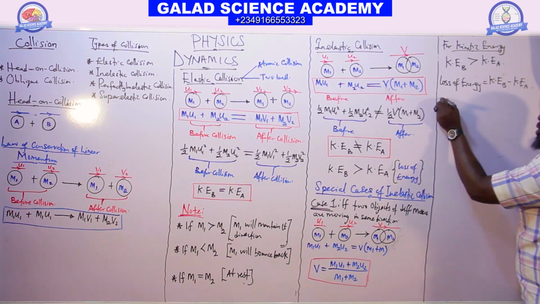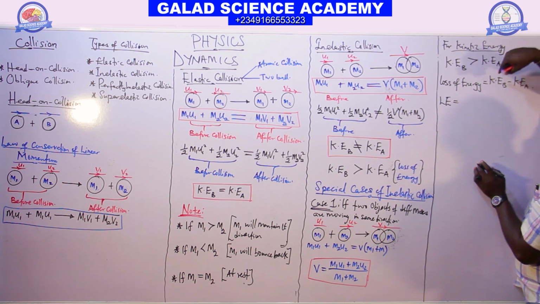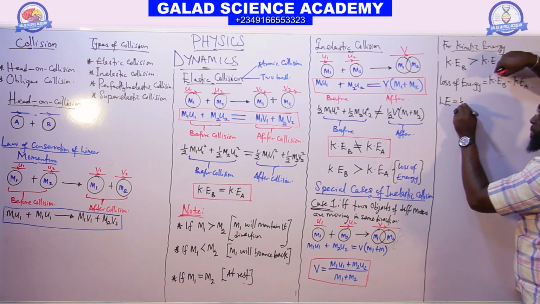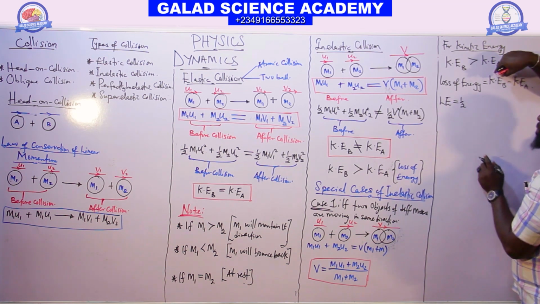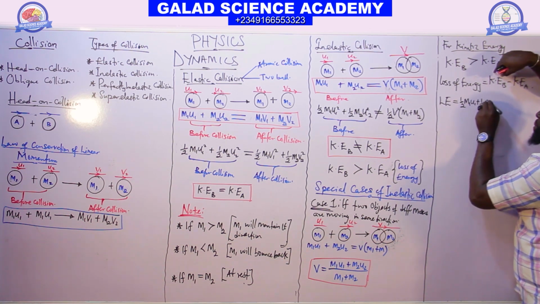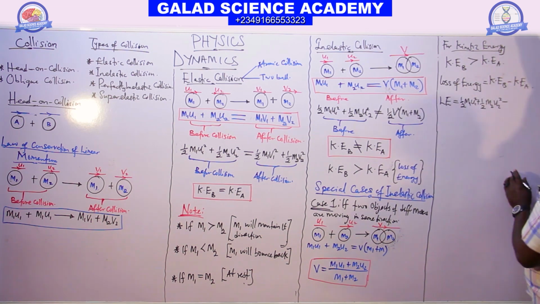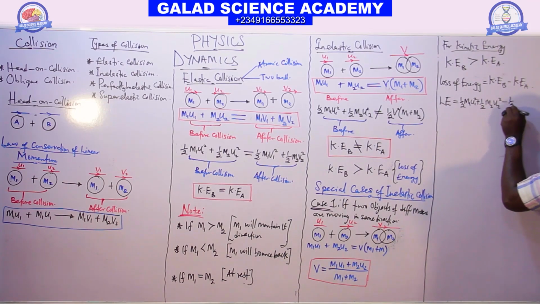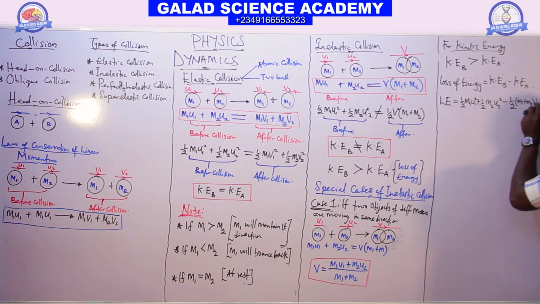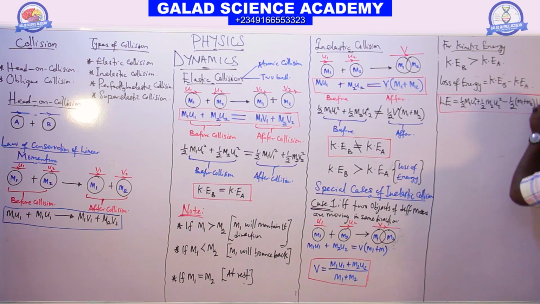Let me call the loss of energy LE. It equals half m1 u1 squared plus half m2 u2 squared, minus half of m1 plus m2 times v squared. This is the formula for loss of kinetic energy.